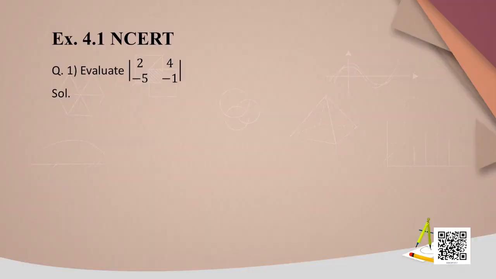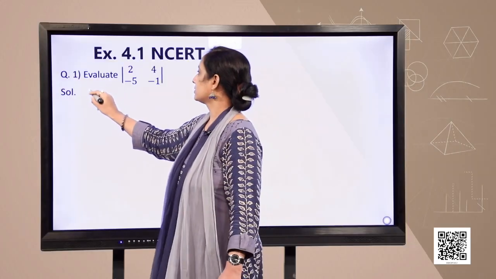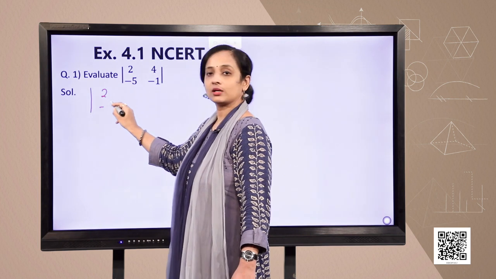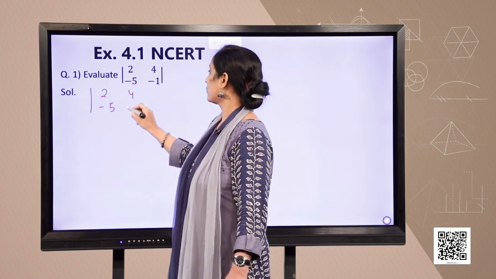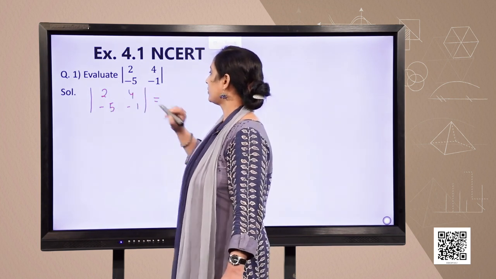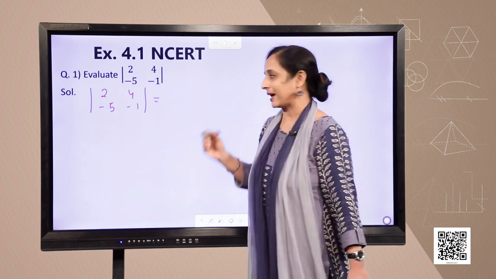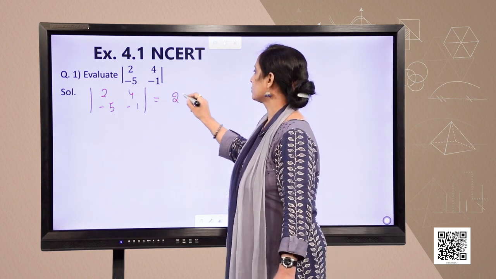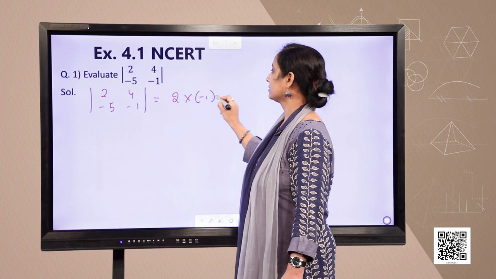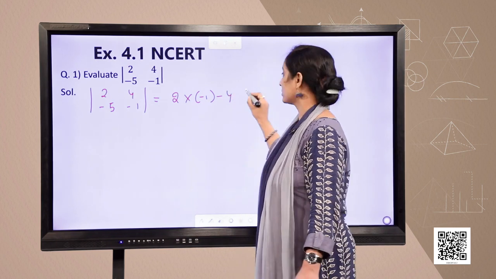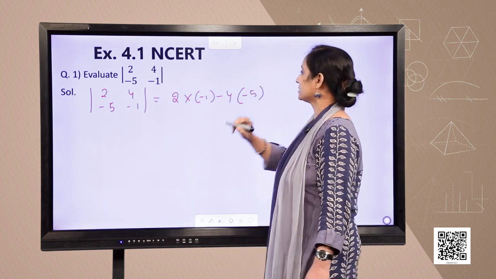Let's learn one more question from NCERT, how to evaluate this. So this determinant 2 minus 5, 4 minus 1 will be evaluated or expanded, you can say, 2 multiplied by minus 1 minus 4 multiplied by minus 5.